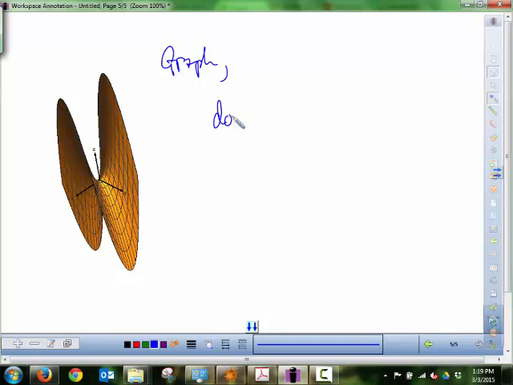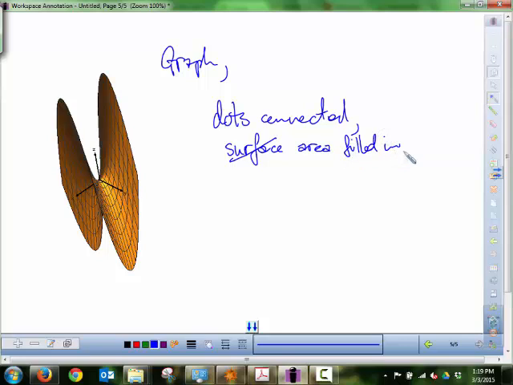Your dots connected. And then your surface filled in. Or areas, I guess. And then you have your saddle.